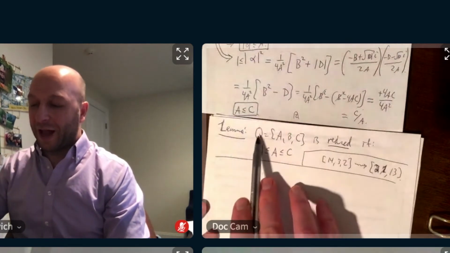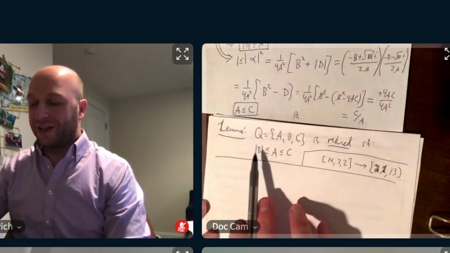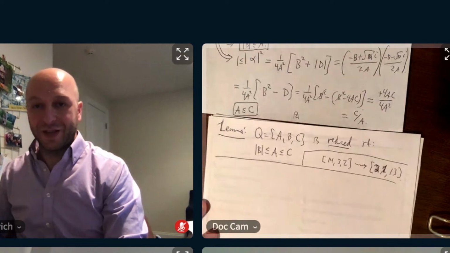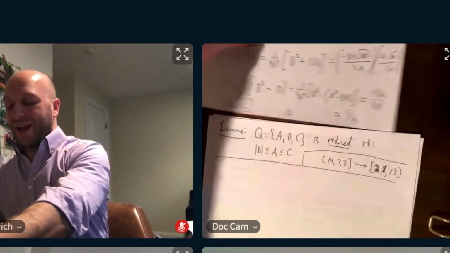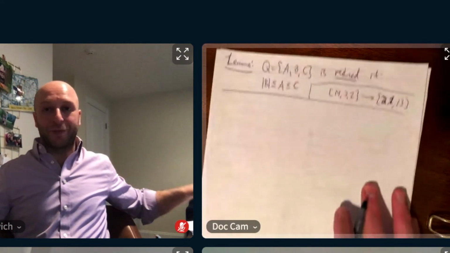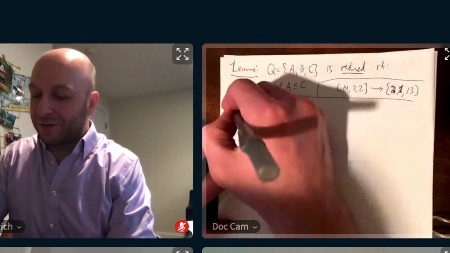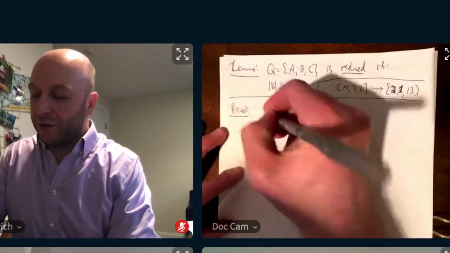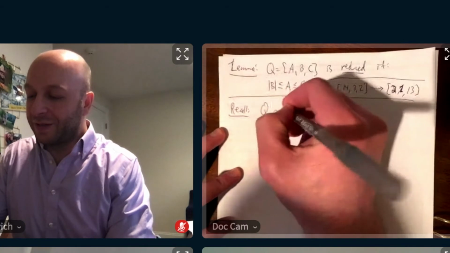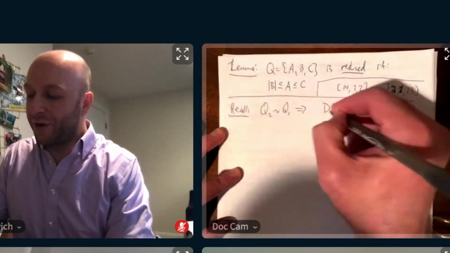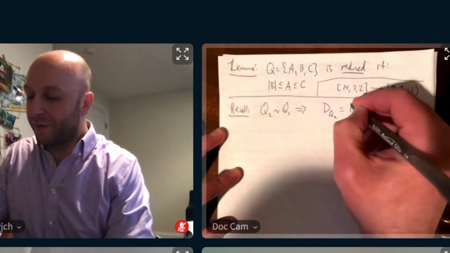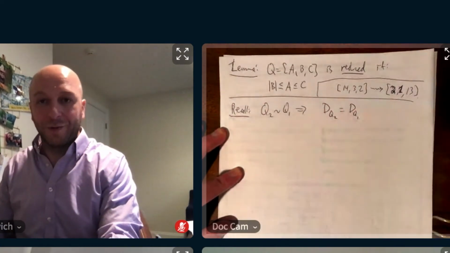The alpha will be in the fundamental region if and only if we have this condition. And so now we can prove a fundamental theorem. If we remember, again, recall, two forms are equivalent implies the discriminants of the first form and the second form are equal.